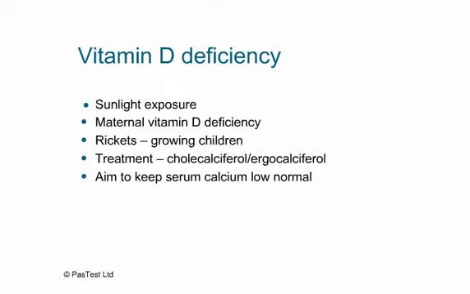In older children, you may see rickets. The treatment of vitamin D deficient rickets is with either cholecalciferol or ergocalciferol, and the aim is to keep the serum calcium level in the low normal range between 2.0 to 2.2 millimoles per liter.